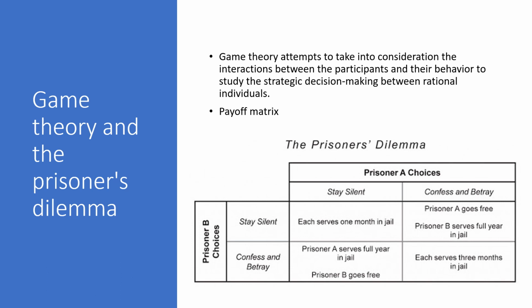Game theory really attempts to take into consideration the interactions between participants and their behavior, to study the strategic decision making between rational individuals. So game theory really is a mathematical study of how people might react to something that you do. And the most famous example of game theory is the prisoner's dilemma.